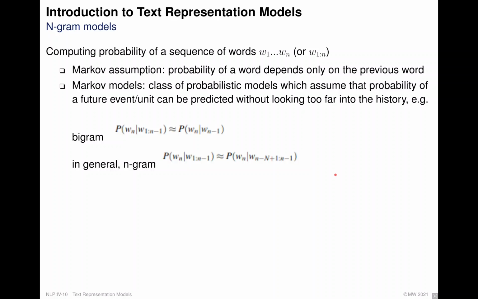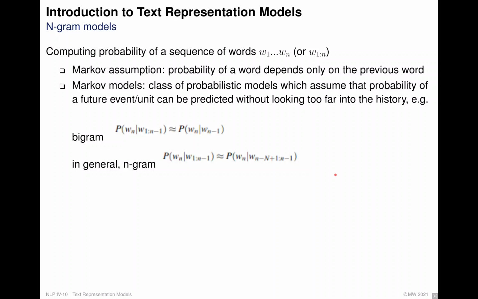This is a huge simplification, of course, and for many cases, especially in language, it will not work. But we can also extend this simplification a little bit and say it doesn't depend only on the previous word, but it might depend only on the 2 previous words or 3 previous words. So something related to our n-gram notion.